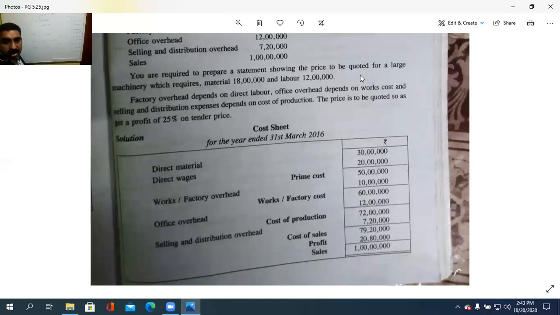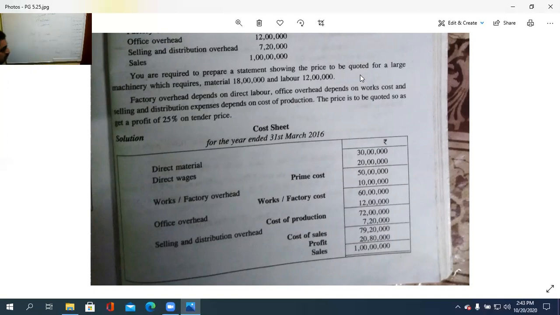And finally, that is the cost of sales or total cost, and the sales is how much? 1 crore. Okay, how much is the profit? The difference is 20,80,000.